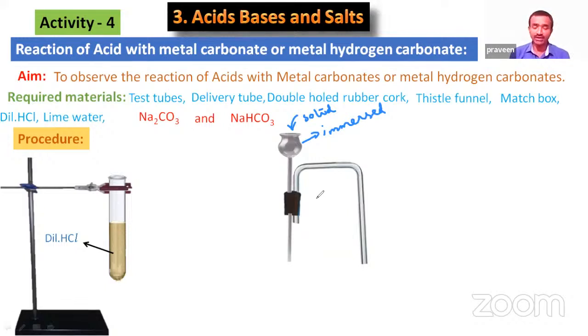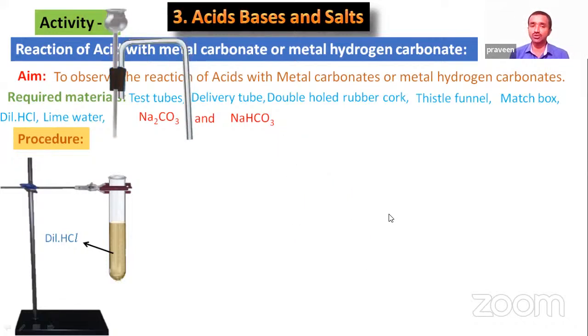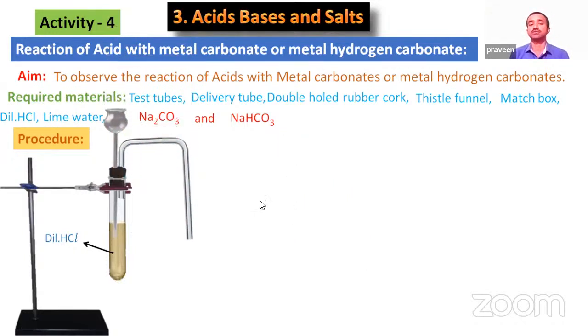To overcome that, we trap the gas if it is released by the reaction. If any gas is liberated, it can be trapped in the glass tube by closing its mouth immediately. So the thistle funnel and delivery tube are connected to the rubber cork to cover the glass tube mouth, and it is fixed to the test tube.